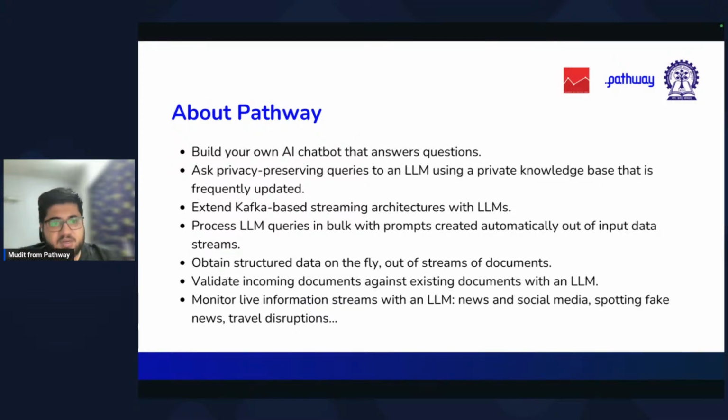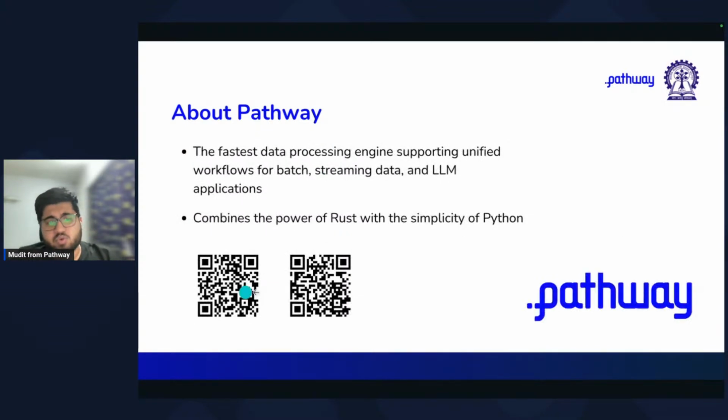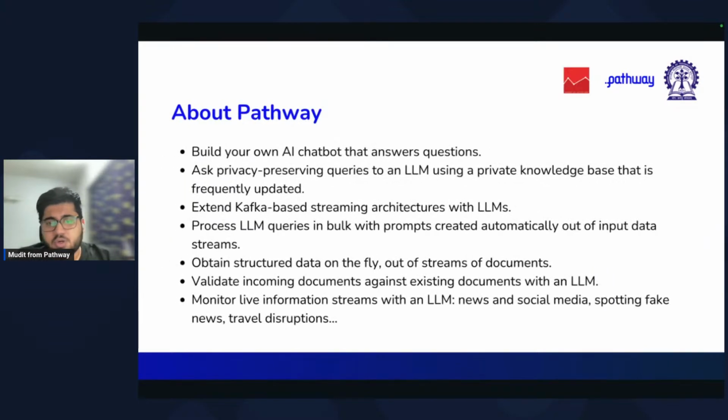This is not about Pathway. This is more about RAG. Pathway is just good for building these things. And these two QR codes here, one is for the LLM app, which is the RAG framework, and the second is for the stream data processing framework. The streaming framework is the cooler one if you are into streaming or data processing or want to build some very cool applications. It's a great thing to show.